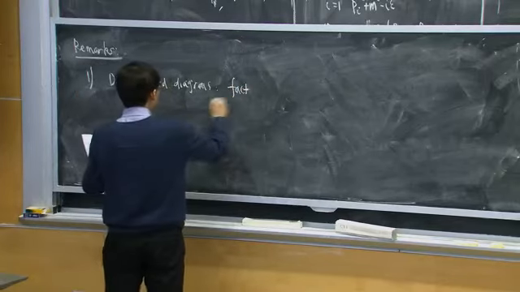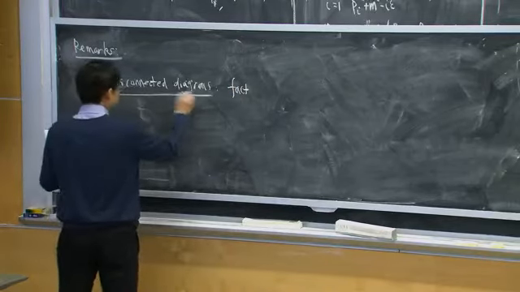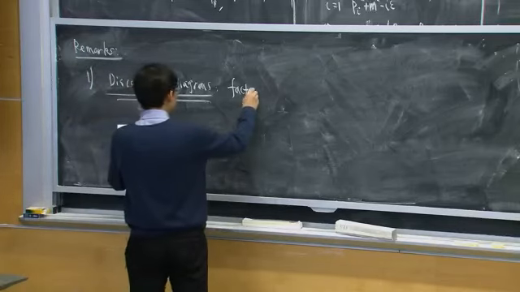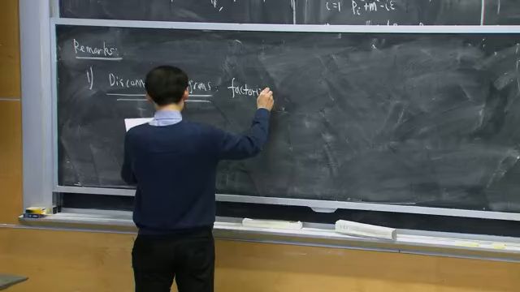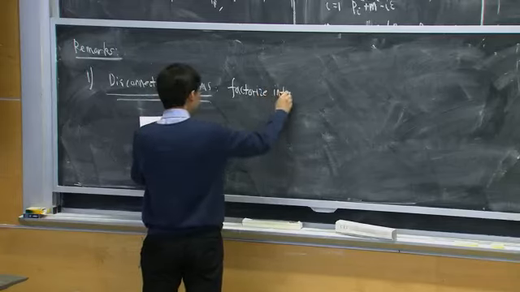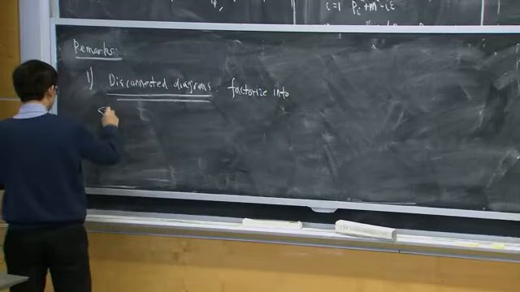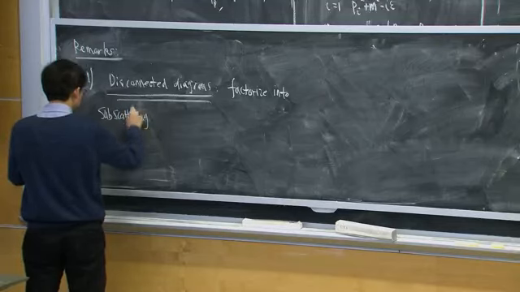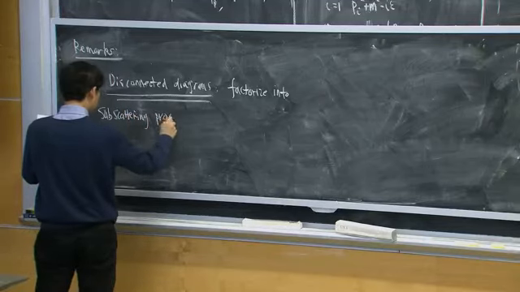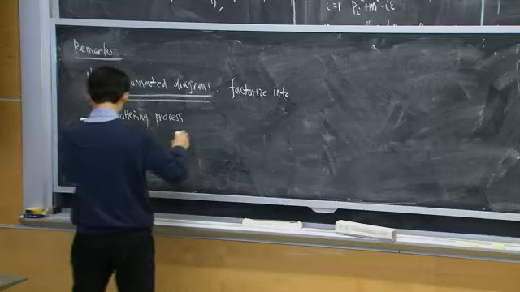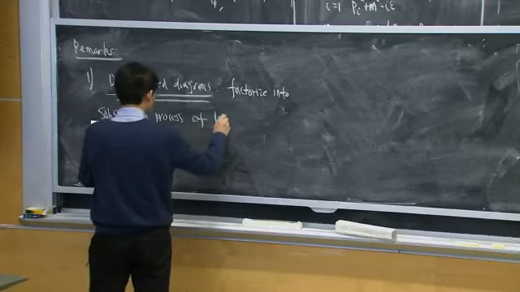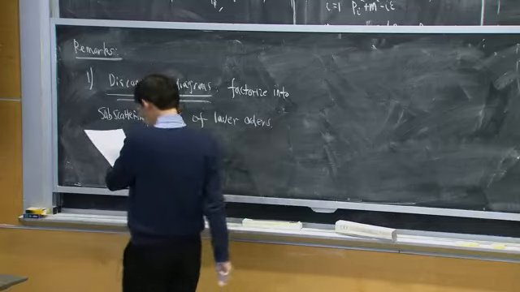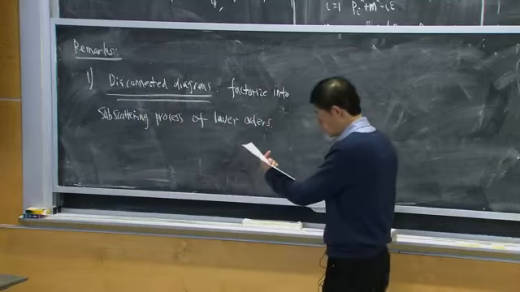It means that when you have a disconnected diagram, your process factorizes into sub-scattering processes of lower orders. Okay?